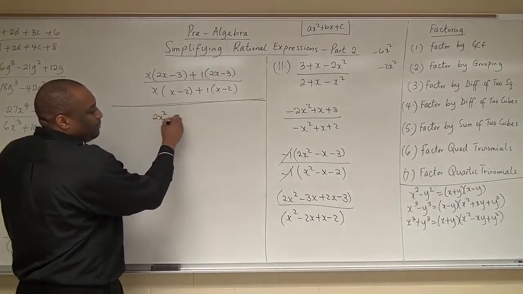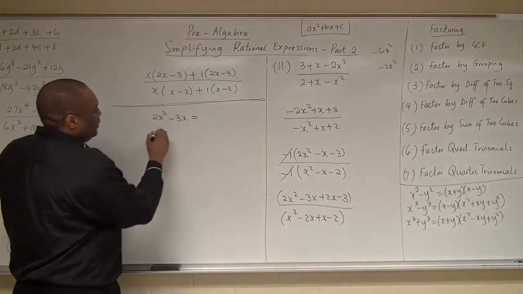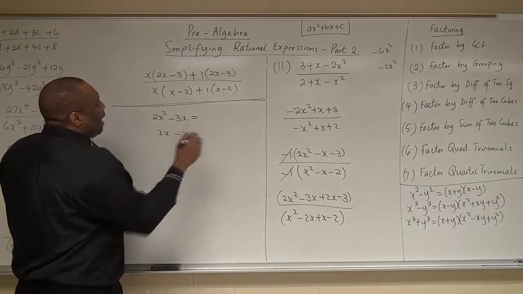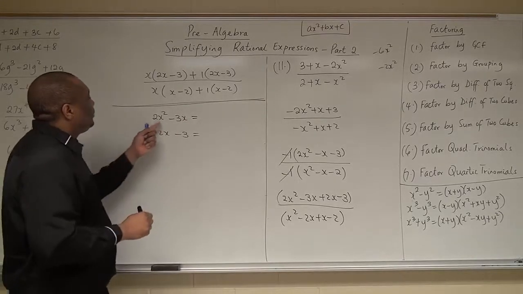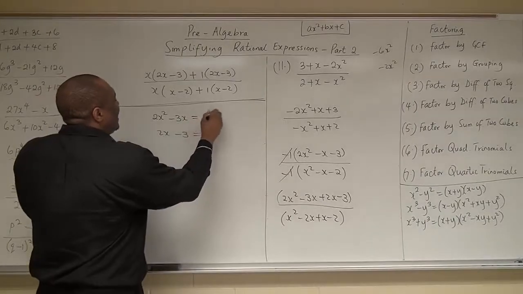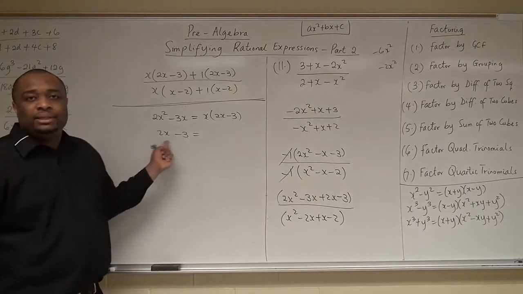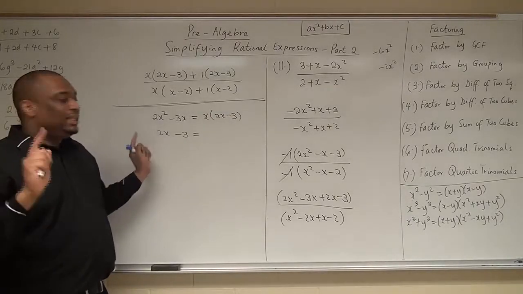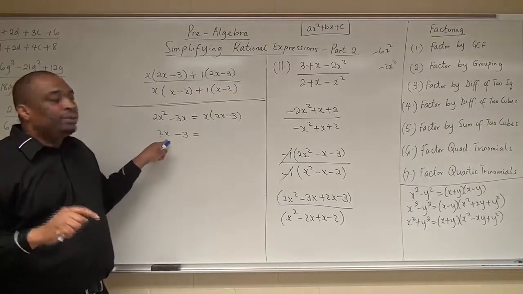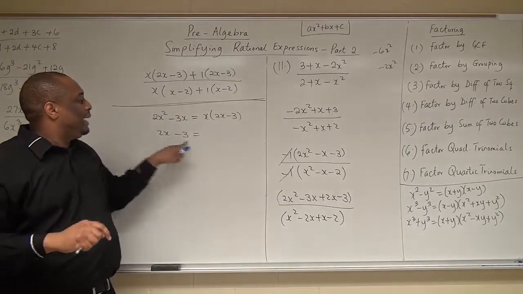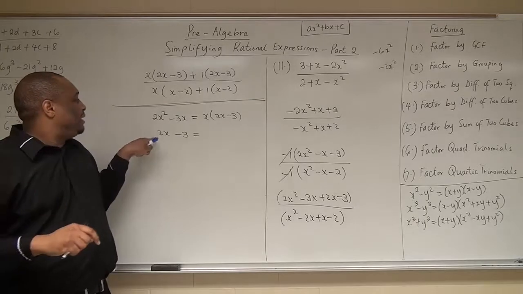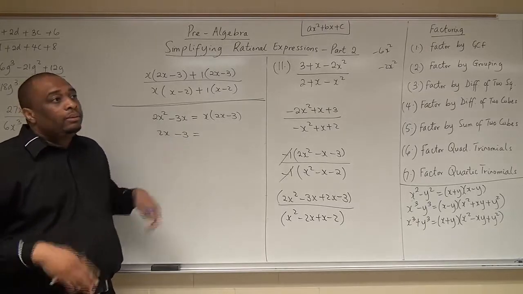If you have 2x^2 - 3x, and then you have 2x - 3. I want to show you something here. You got this, x(2x - 3). Now, with this now, there is nothing. This is very important I'm doing this. Some students don't know what to do here anymore because they cannot factor by GCF.